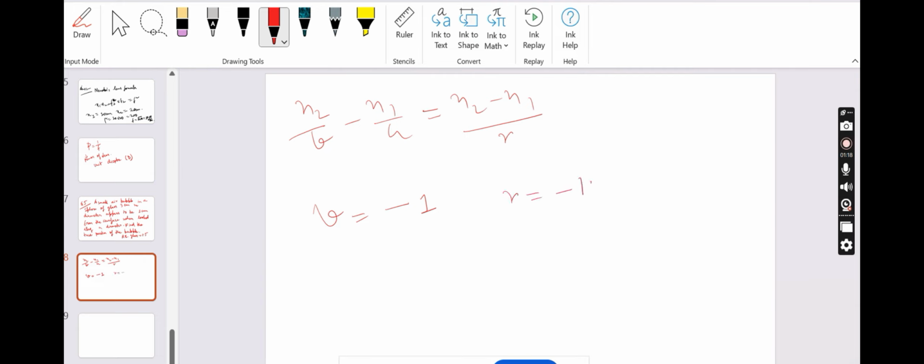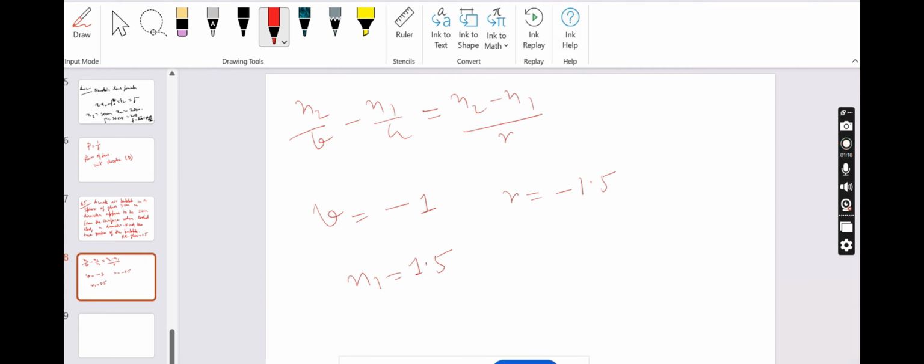R is equal to minus 1.5. n1 is equal to 1.5. So in the convention, u is taken as minus.